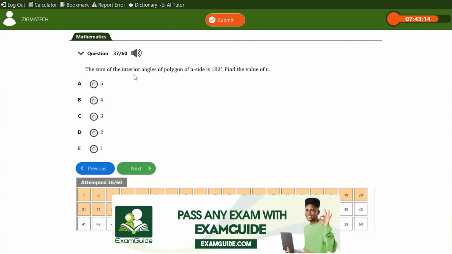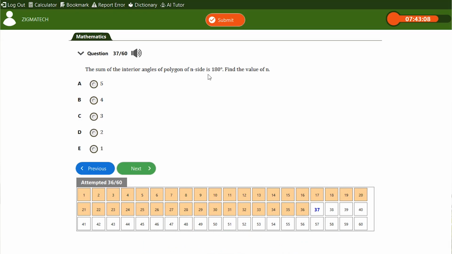So the sum of the interior angles of a polygon of n sides is 180. Find the value of n. Now that question is tricky. Look at it very well. The sum of the interior angles of a polygon of n sides is 180 degrees. It says you find the value of n. Now, the formula is sum of the interior angles of a polygon is n minus 1, all right, times 180.